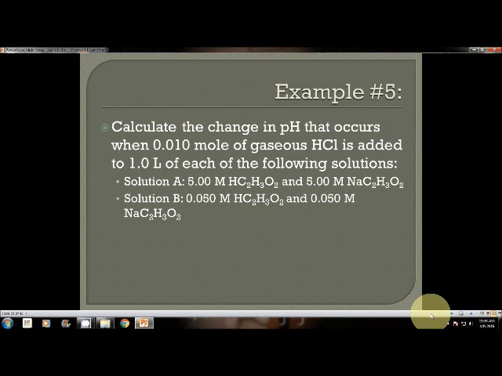For example 5, we want to calculate the change in pH that occurs when 0.01 mole of gaseous hydrogen chloride is added to 1 liter of each of the following solutions. We'll do this for solution A and solution B. Before we do that, let's calculate our initial pH, because we don't know a change unless we know what it initially started at.